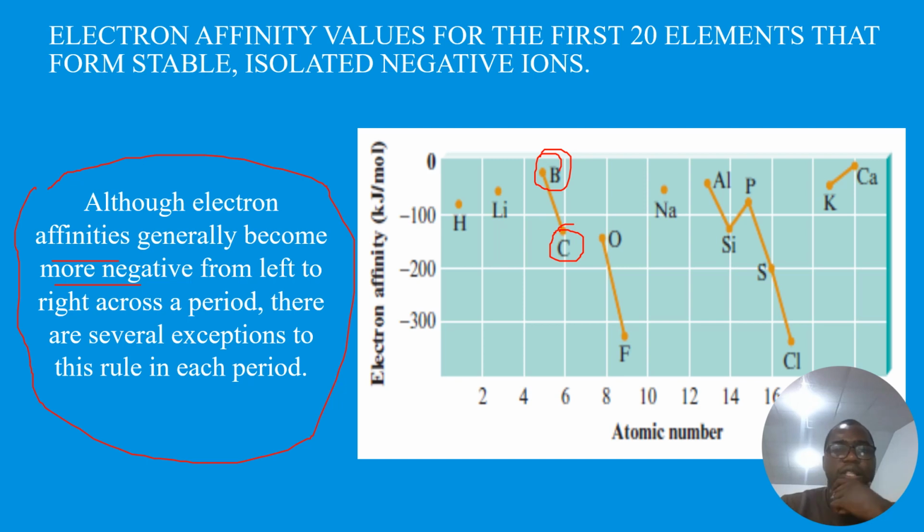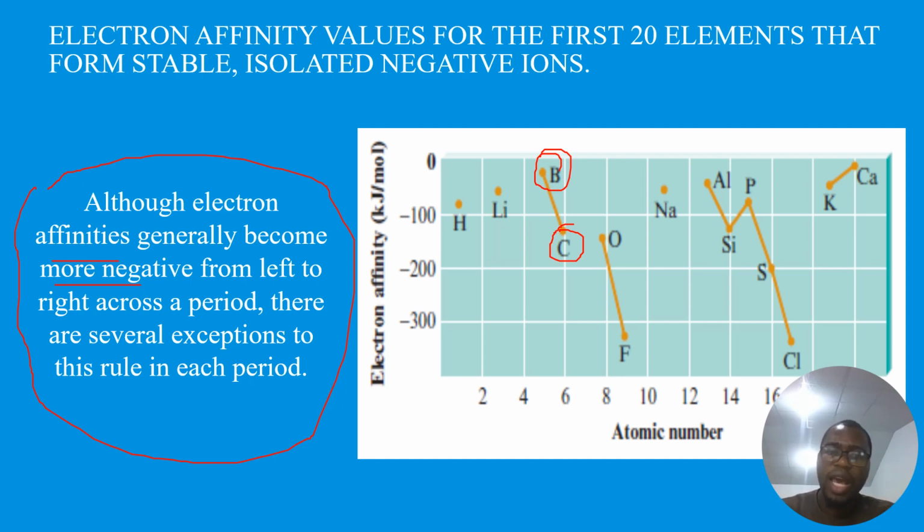Now, what you notice here is, boron, you go to carbon, it is expected that carbon is going to have a higher electron affinity because it is on the right side of boron. Now, there is one point that you need to take note of, which confuses people mostly: when we are talking about electron affinity, the more negative the number is, the higher the electron affinity.